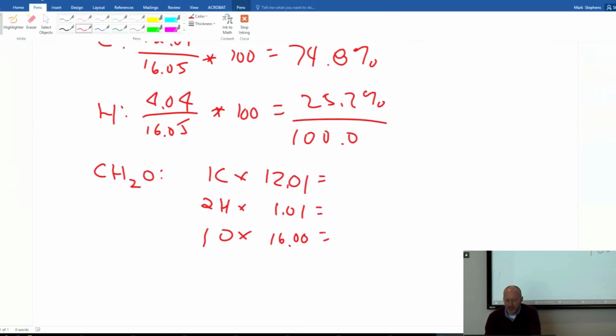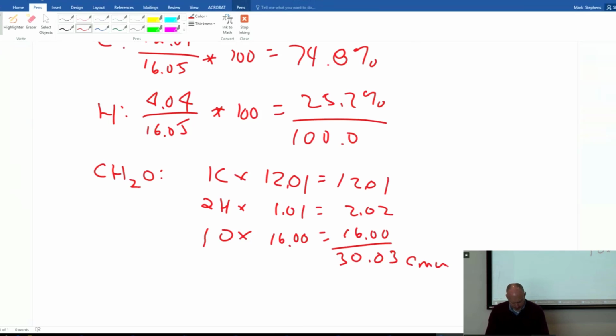Multiplying that across, 12.01, 2.02, 16.00. Gathering my terms, I'm getting 30.03, and I can use the unit of amu. And now I need to convert everything into a percentage.